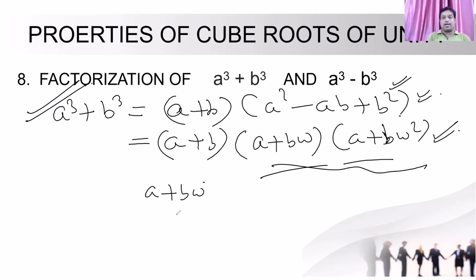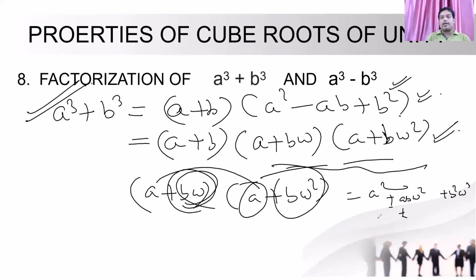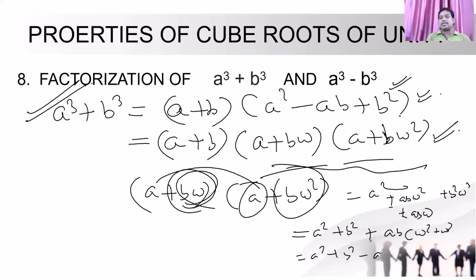A plus b omega into a plus b omega square: a into a square, b omega into b omega square, b square into omega cube, plus a into b omega square, ab omega square, plus b omega into a, ab omega. Now the first one is a square, the last one is b square, plus ab you take common, omega square plus omega square plus omega, we know, minus 2. So a square plus b square minus ab. This value a square minus ab plus b square, we can write as a plus b omega and a plus b omega square.